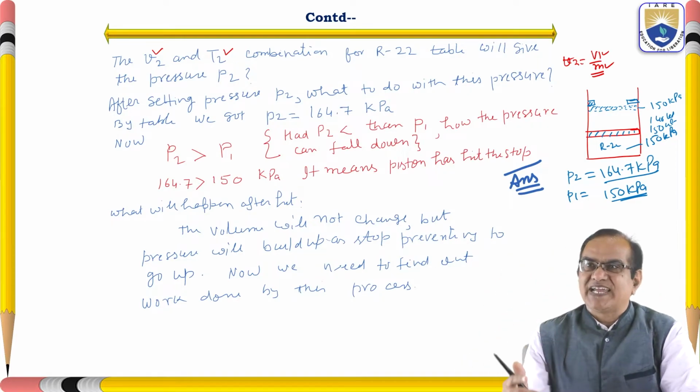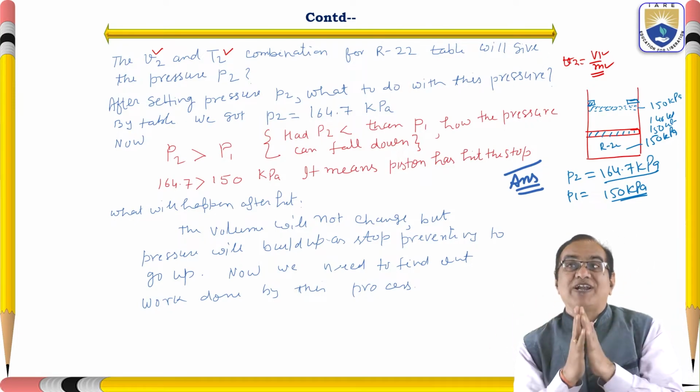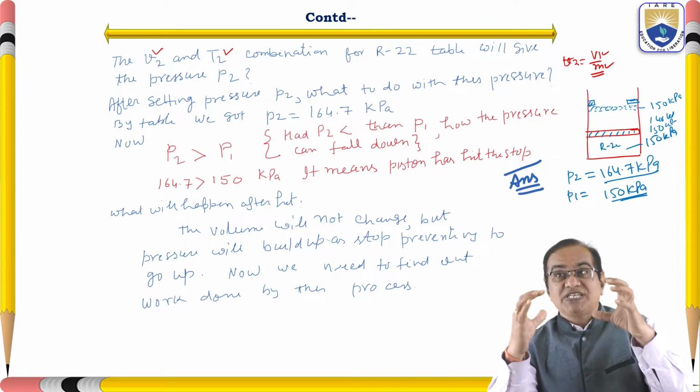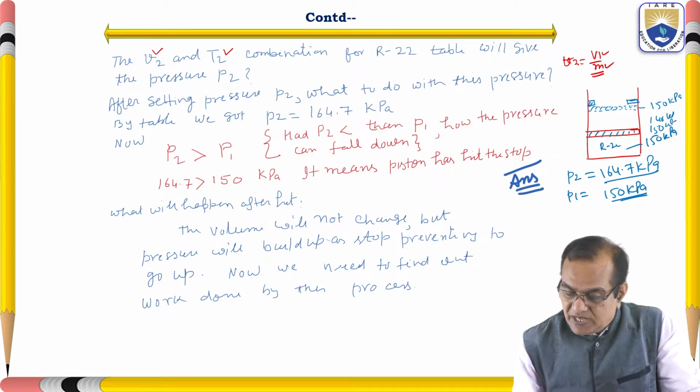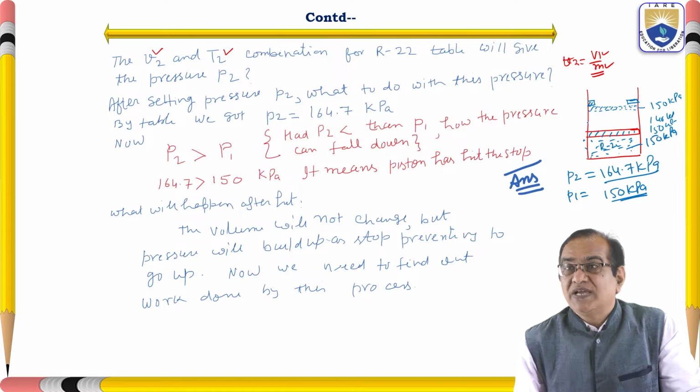So that indicates that at P2 we have 164.7 kilopascal, which is more than the initial condition present in the piston and cylinder here. These are the refrigerant. Slowly it is moving, the volume is increasing, but the pressure will remain constant till the time it is just about to touch.